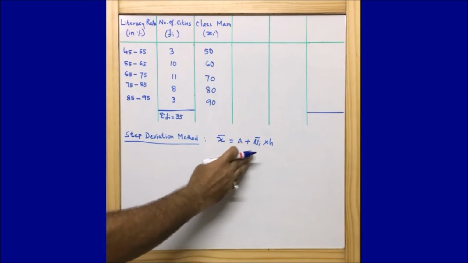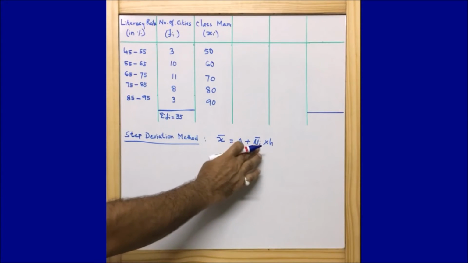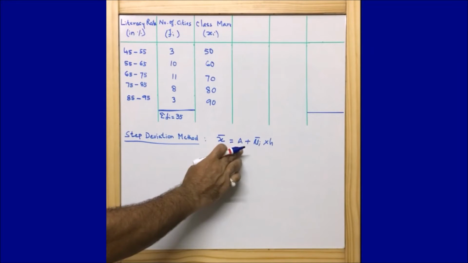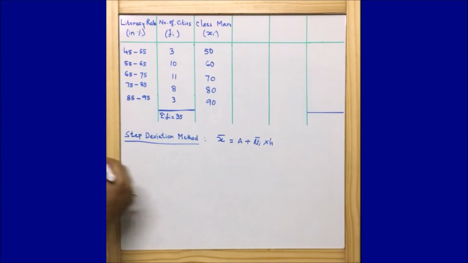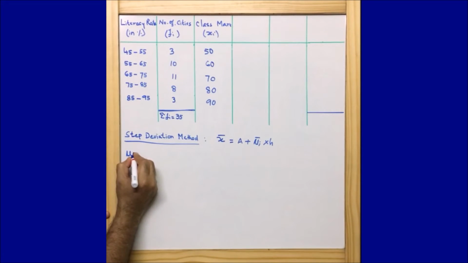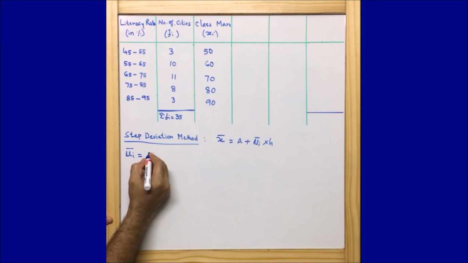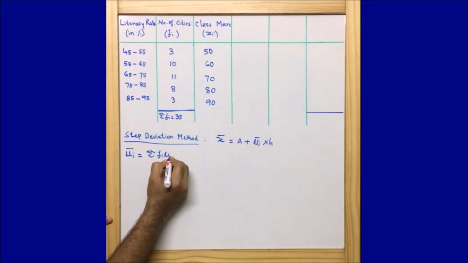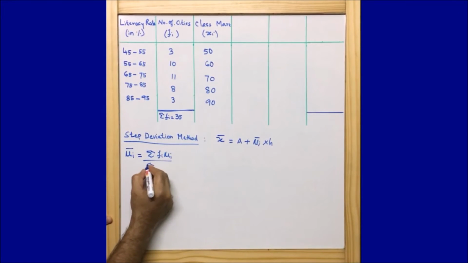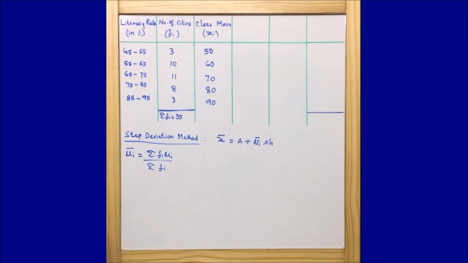Here we are getting three things: a plus mean of ui into h. A is nothing but the assumed mean, which we will find out. The mean of ui is nothing but the summation of fi ui upon the summation of fi.